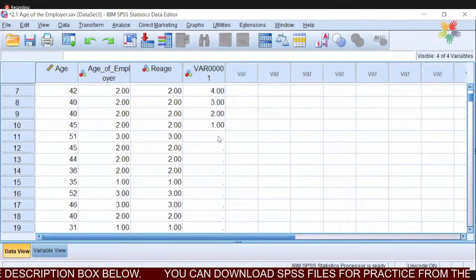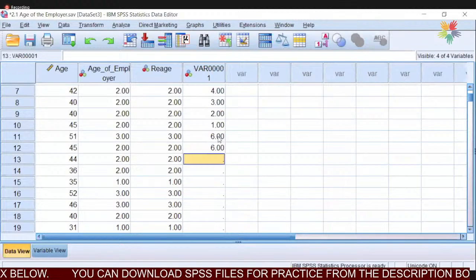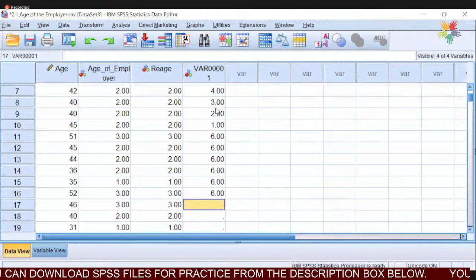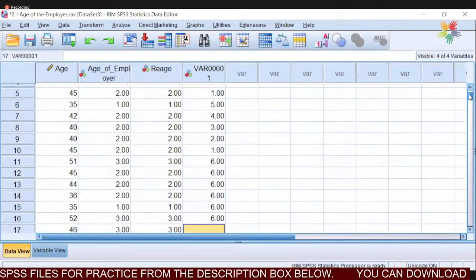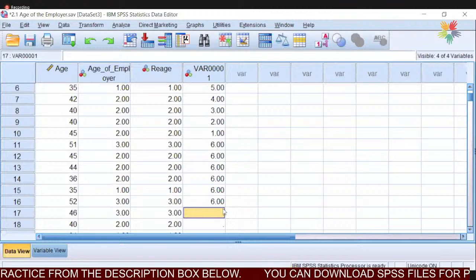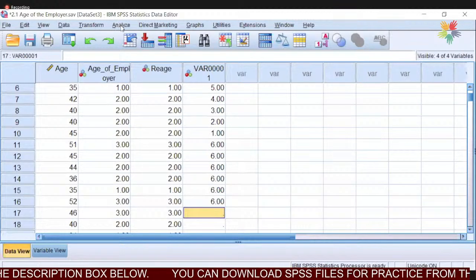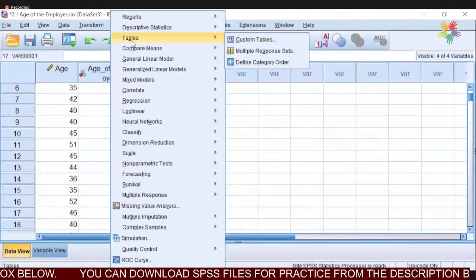For example, if I put 6, I only got values up to 10, so the remaining values are missing. Let me do the frequency analysis.